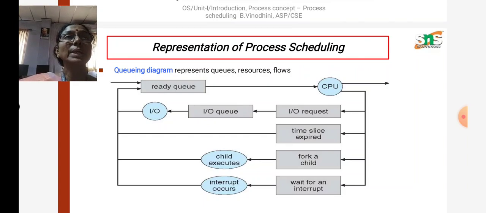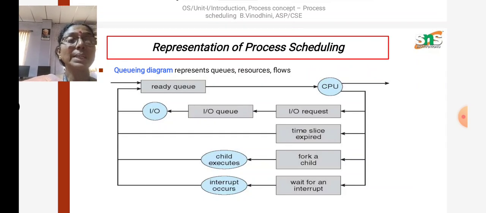Suppose during execution a process wants to create a new process, that is, a child process. After the child executes, the process goes to the ready queue, and from the ready queue to the running state. These are all the interrupts that can happen during the execution of a process on the CPU, signaled through a system call.